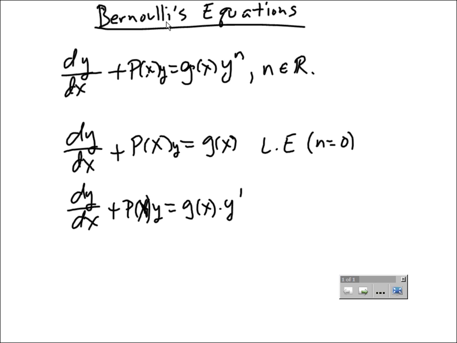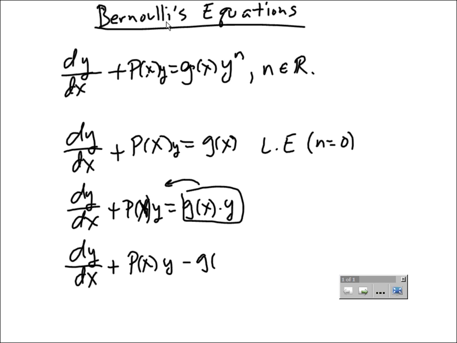Now, if n is 1, you just have y to the 1, which is y. Now, I can bring this to the other side, and I have dy dx plus p of x times y minus g of x times y, and that equals 0.